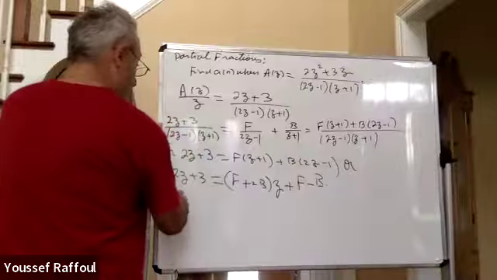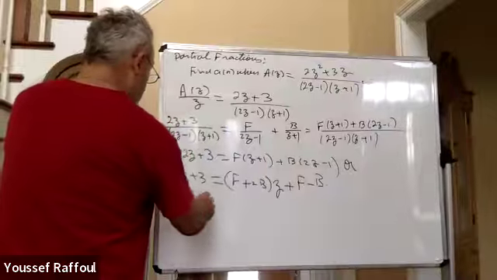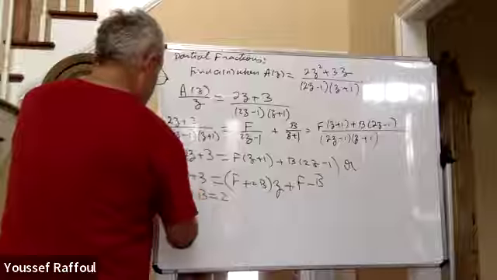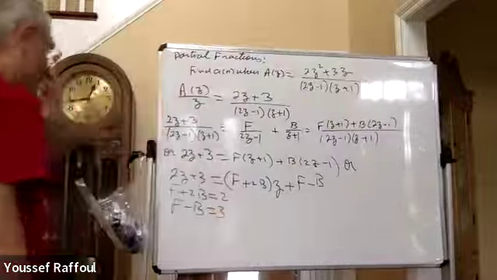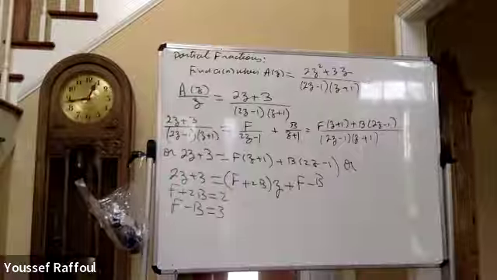And so F plus 2B equals 2 and F minus B equals 3. Okay?